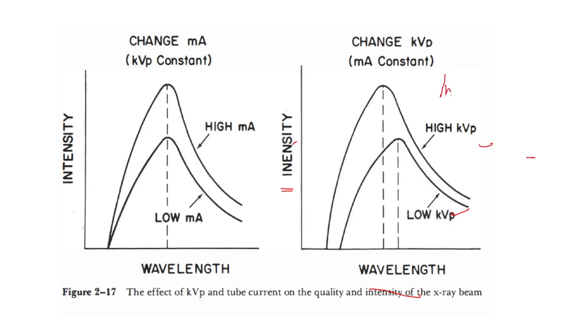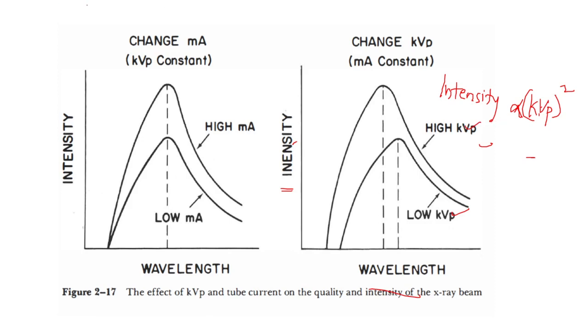So we can say that intensity is directly proportional to the kilovoltage peak squared. The wavelength of the characteristic radiation is constant, but as the energy of the electrons is determined by the kilovoltage peak, increased kVp will cause increased intensity of X-ray production.